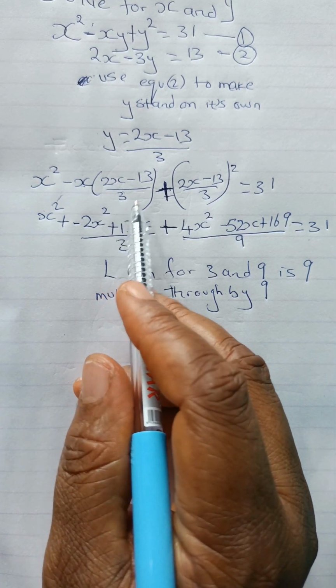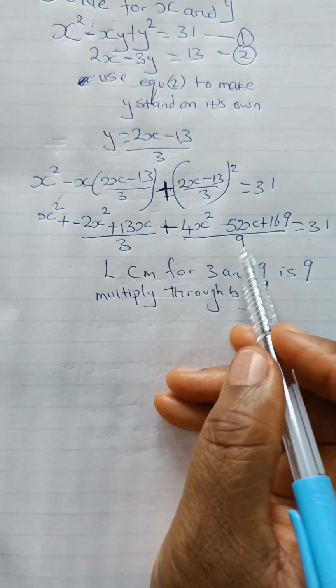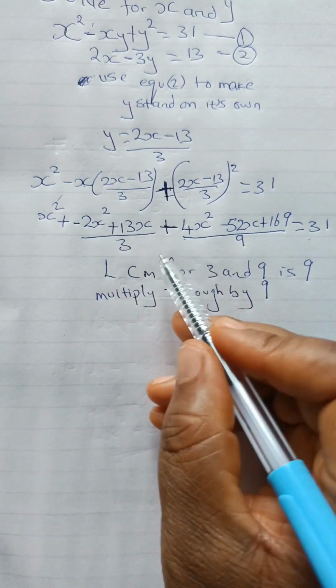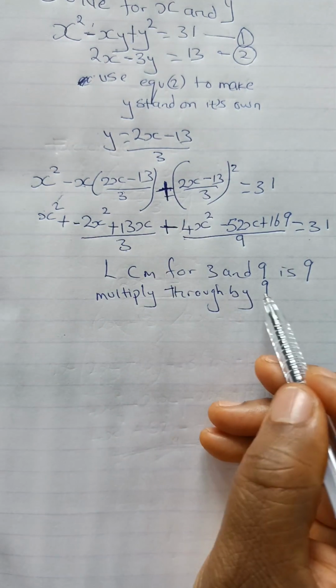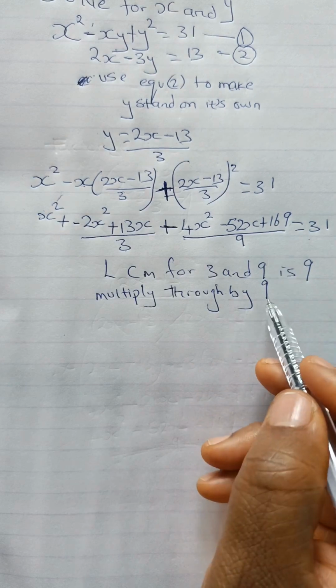Let's not forget that when we have 9, the LCM is 9. We're multiplying everything by 9.